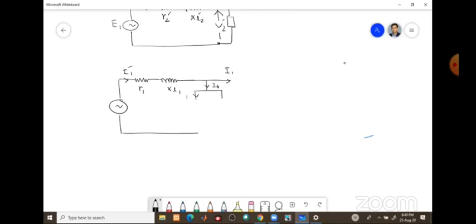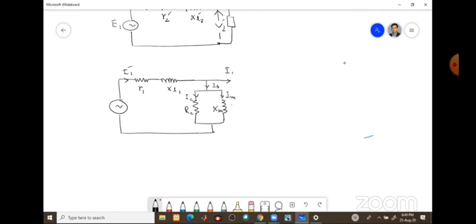I0 was also branched into 2 components, IC and IM. That IC was flowing through a resistance RC, but this IM was flowing through a reactance XM.